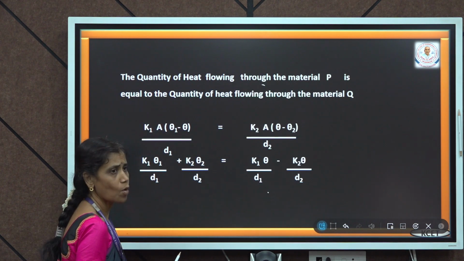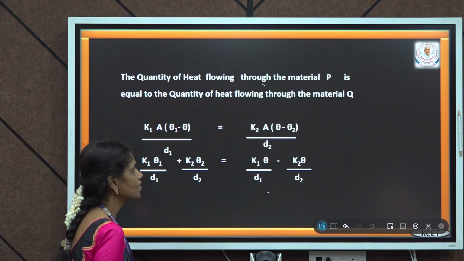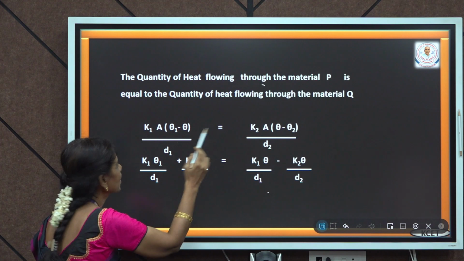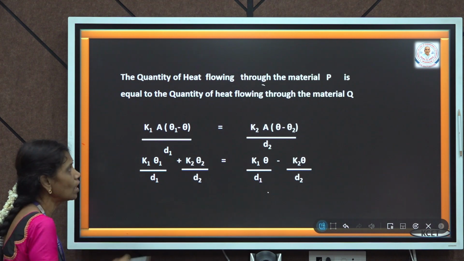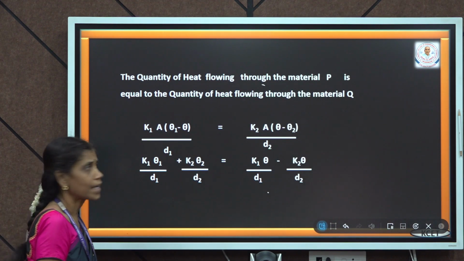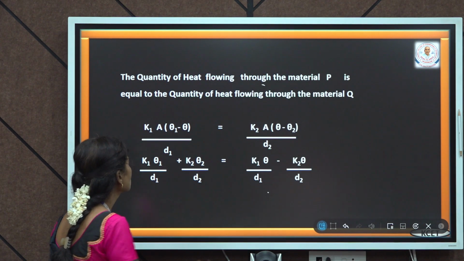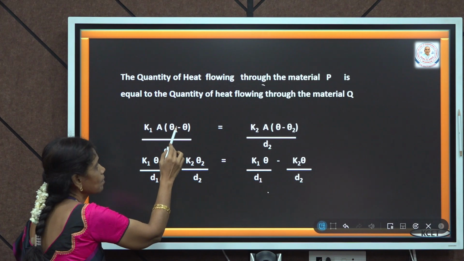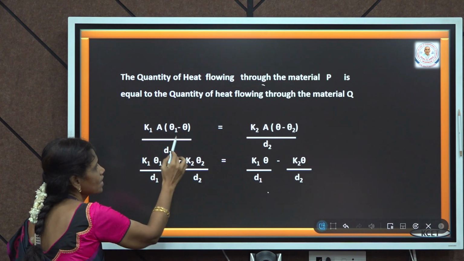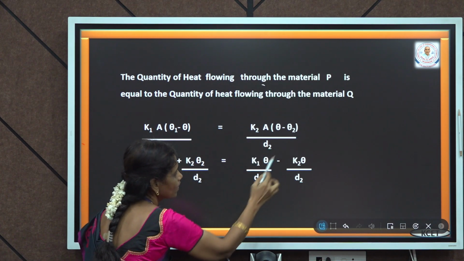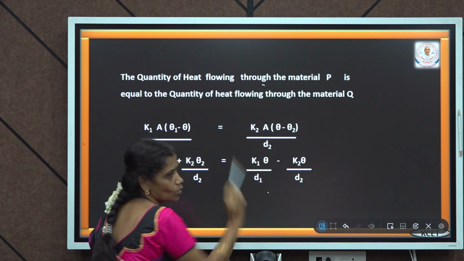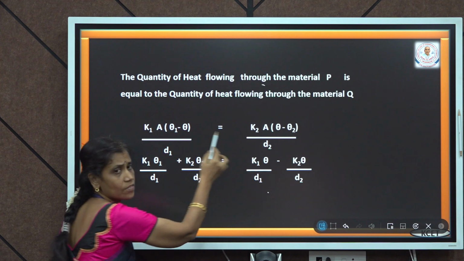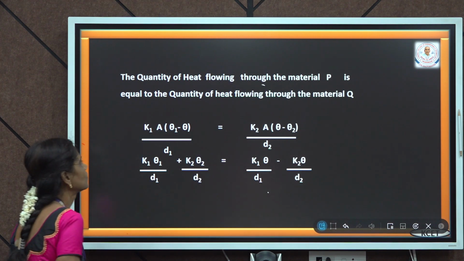After heating the compound media for a long time, the steady state is reached. So, the quantity of heat conducted through the material P is equal to the quantity of heat conducted through the material Q. So, we are equating these two equations which we have written previously.